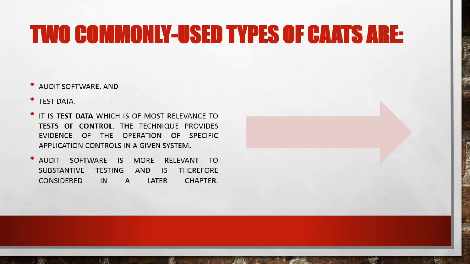I repeat, audit software and test data. So when we are talking about audit software, basically we are talking about audit programs that the auditor uses in generating audit evidence and to aid his or her work.